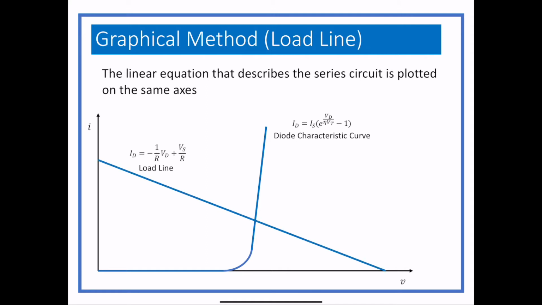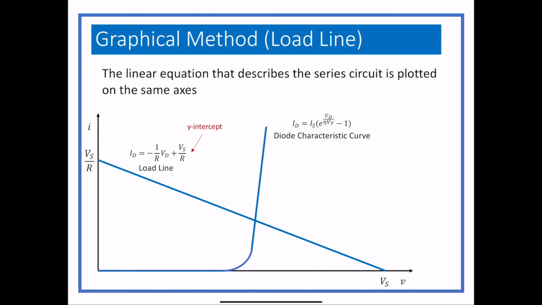When we do that, we get the line that extends from the y-intercept, which, as you can see, is Vs over R. So that would be the point at which the line intersects the vertical axis. And then it intersects the horizontal axis at Vs, because if you set the current to 0, you're just going to end up with the voltage of the diode being Vs. So that will work.